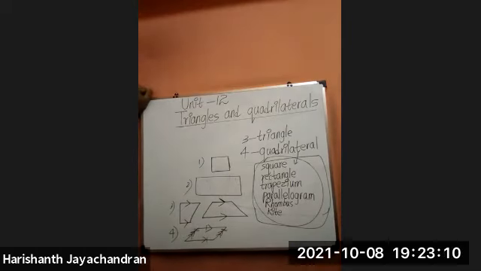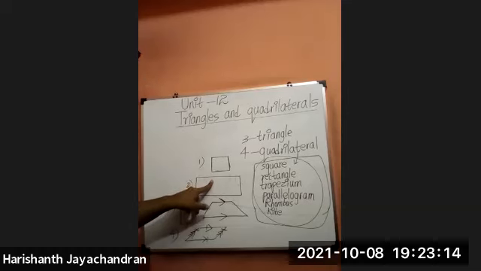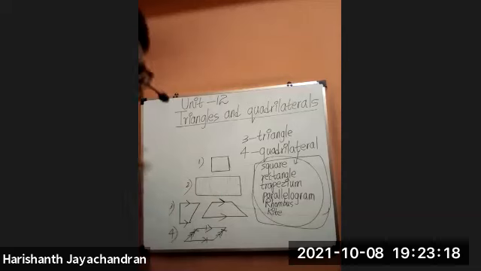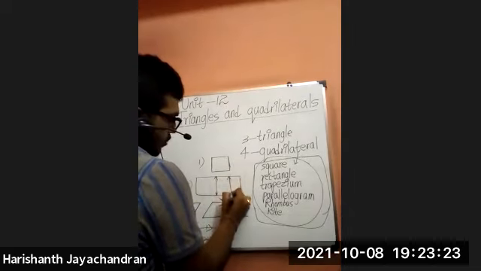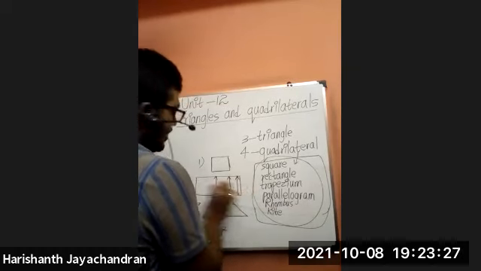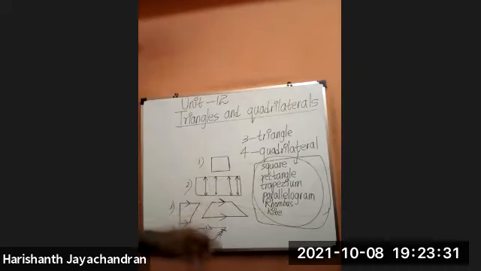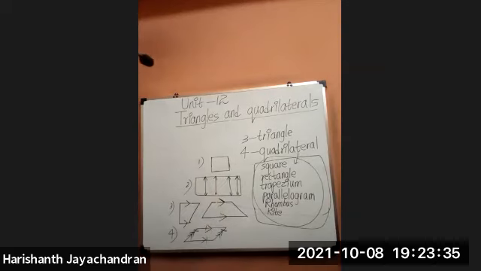In a rectangle, we know that the opposite sides are equal and also parallel to each other, which means the same distance apart. If you measure the perpendicular distance from this point to here, or from this point to here, it will always be the same. So the opposite sides are parallel to each other in a rectangle.